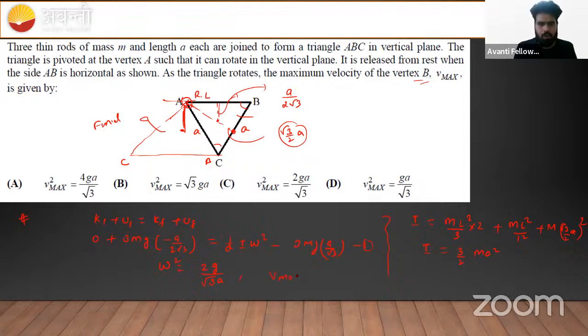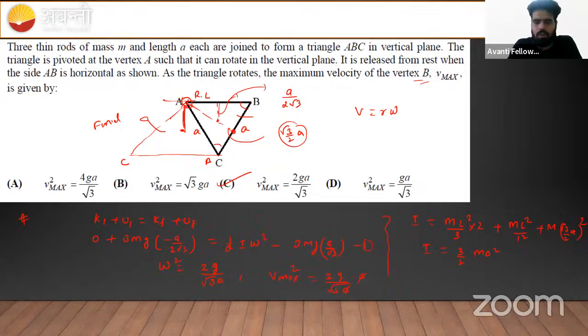Here we have to find the V maximum of point B. We know that V equals r omega, since the rod is hinged about point A. V maximum is the square root of 2g upon root 3 a, multiplied by the distance, that is a. If you cancel this out, option C is the right one.